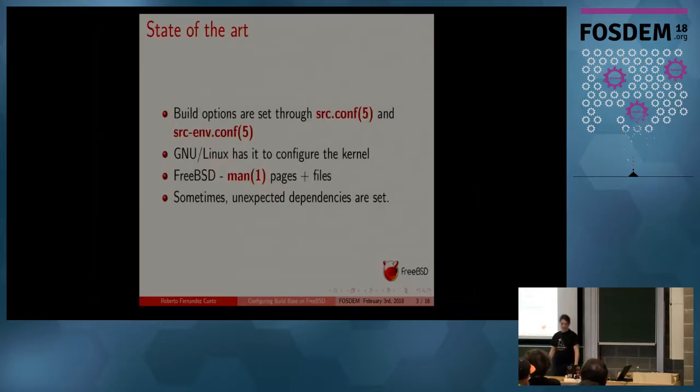So, where are we right now? Right now on FreeBSD we have build options for the source tree that are set through these two files, source.conf and sourceenv.conf, which are a pain. Because you have to read man pages because there are a lot of things, and sometimes there are unexpected dependencies that set themselves when you don't want them.